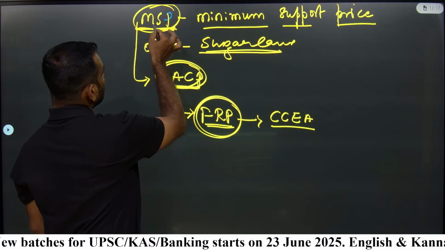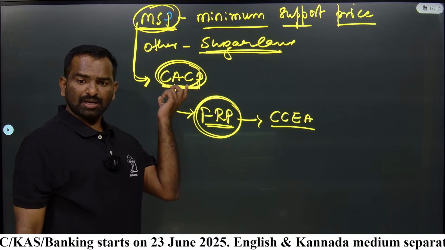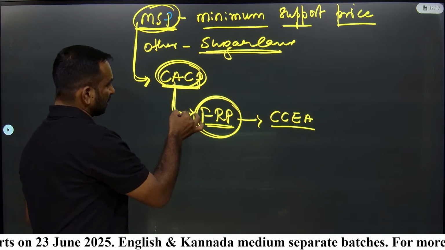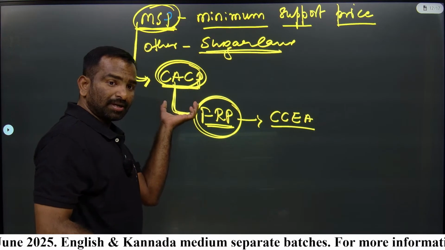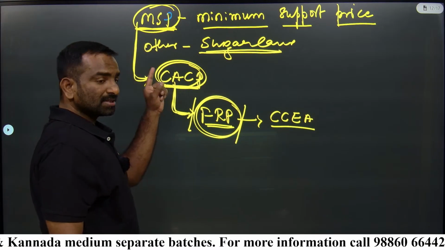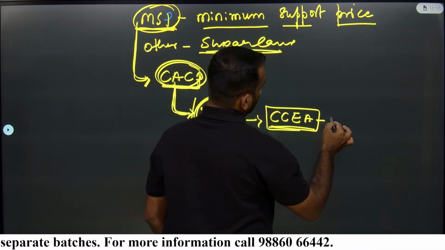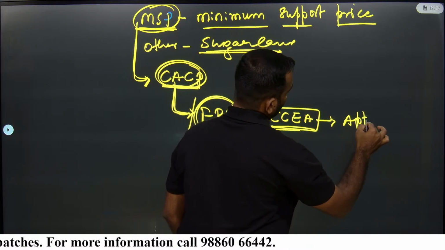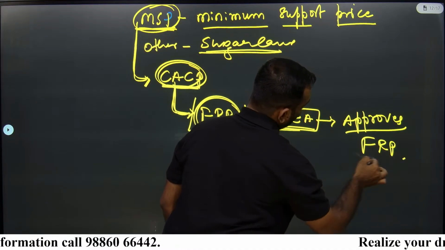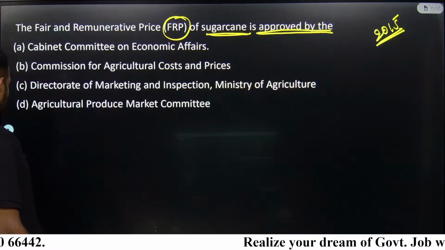But the same commission, the CACP, recommends the FRP, and based on its recommendations, the Cabinet Committee on Economic Affairs approves the FRP. Now we move into the question.